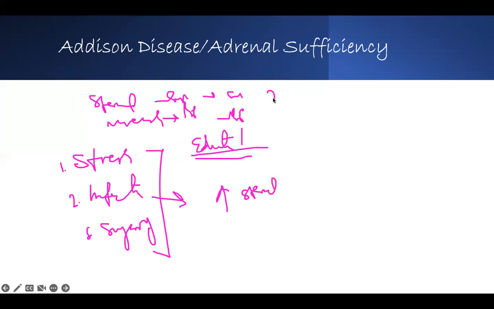So if they're taking 20 milligrams of steroid, if you get sick, we may need 40. If you're going to have surgery, you have to increase it to 40 before surgery. In a stressful situation, your steroid amount needs to be increased before you undergo that. Otherwise, you get sick. So that is very, very important.